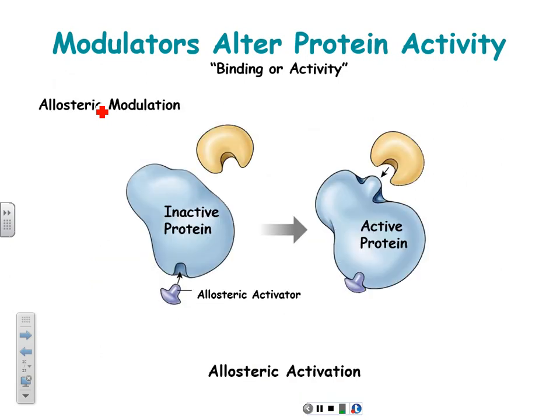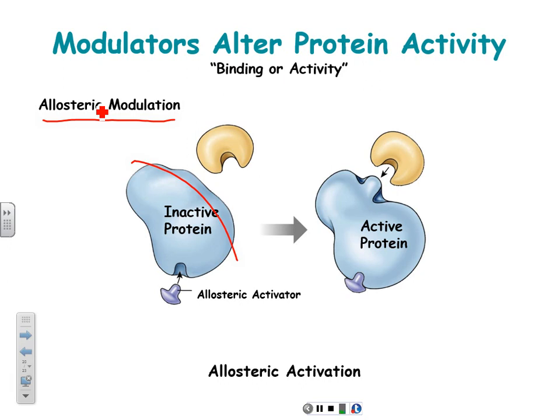All right. Then we have a couple of fancy words. I want you to know this word is called allosteric modulation. The word allosteric means away from the active site. Here, look at this. No binding site.